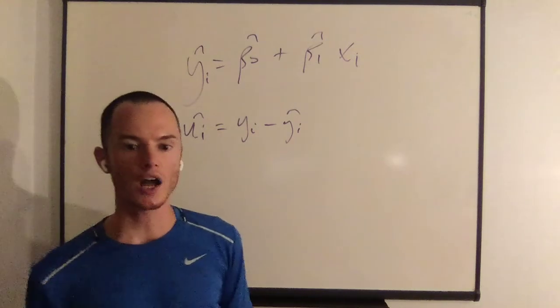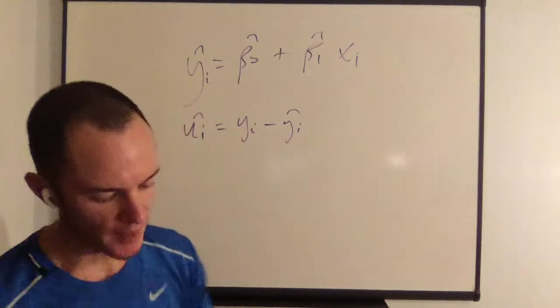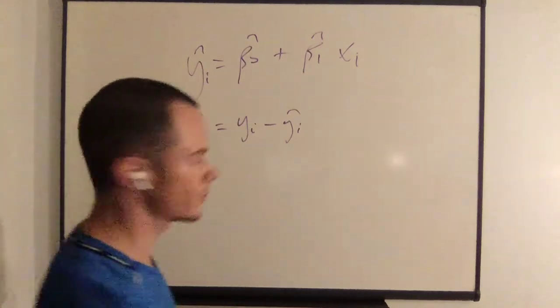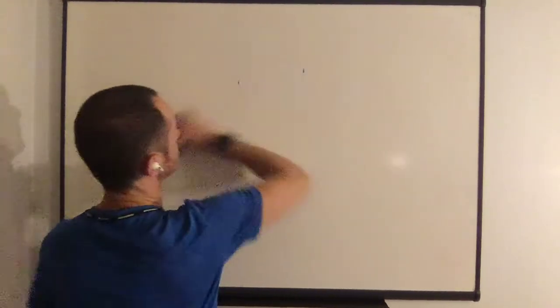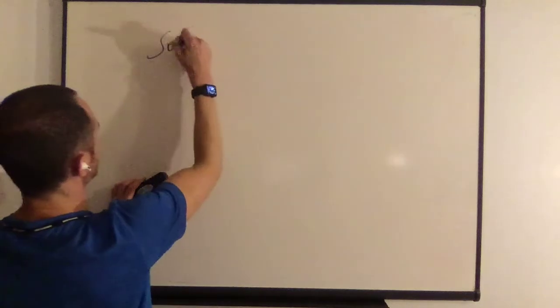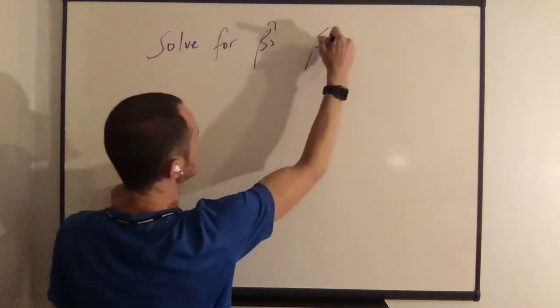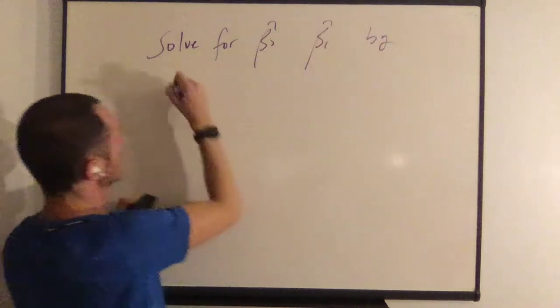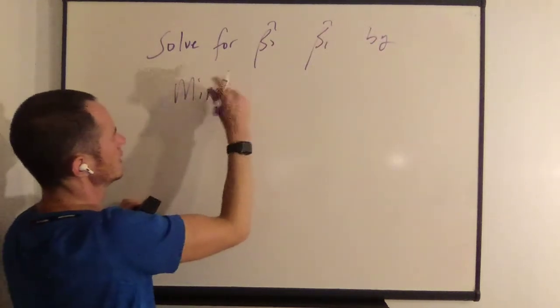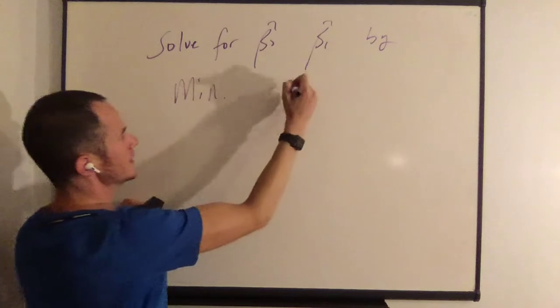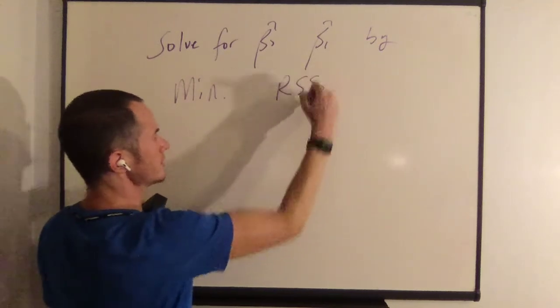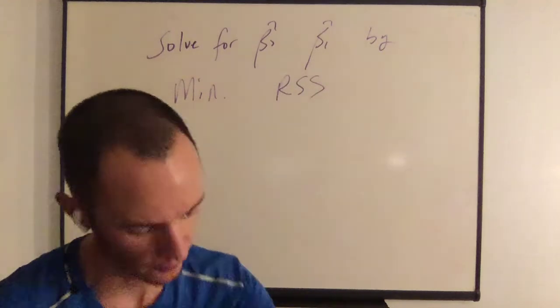You can do this one other way, and that other way is by minimizing the sum of squared residuals. We can solve for beta naught hat and beta 1 hat by minimizing the sum of squared residuals, or the residual sum of squares.